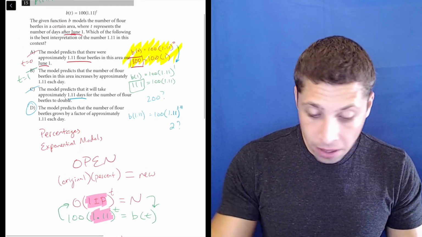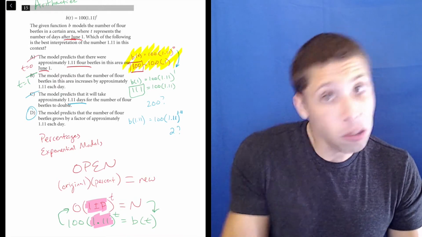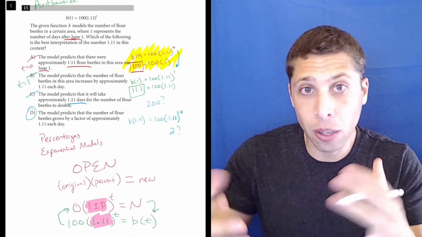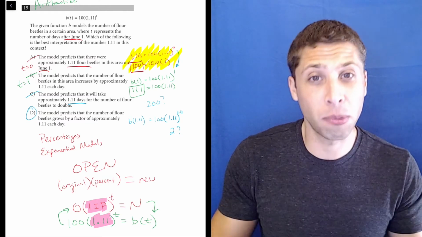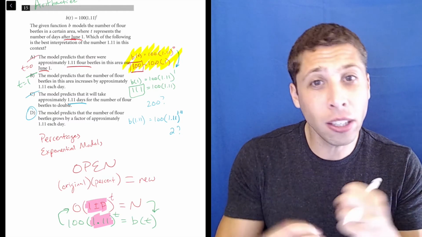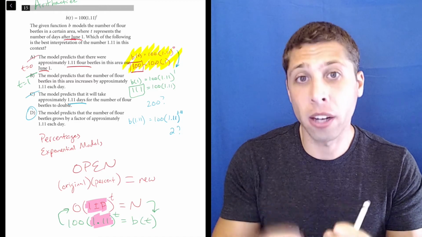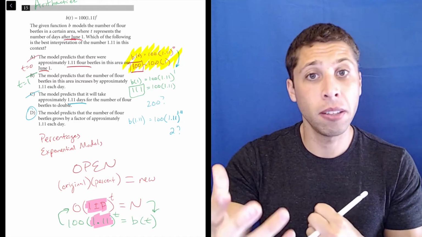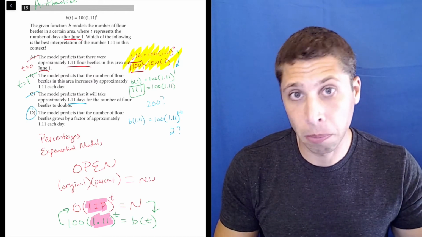And I know that doesn't appear anywhere in the question or the choices, but it's important to know. This is something that could come up on another question, understanding where that number in those parentheses comes from. It's either representing an increase or a decrease from 100%. If that number is greater than 1, that means we're increasing by whatever the extra little decimal piece is.